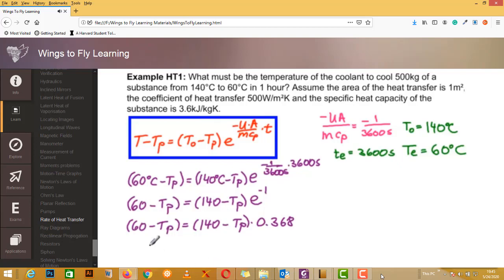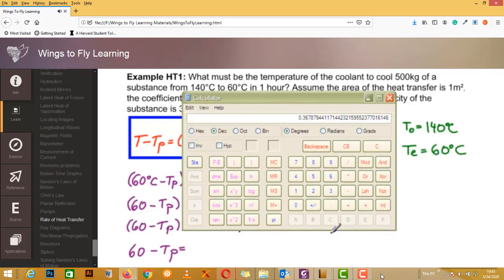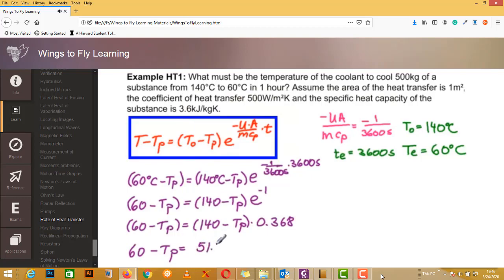So let's clean this up. So what exactly do we have? We have 60 minus Tp equals 140 times that. Let's put that in the memory store, times 140 equals 51.5 minus 0.368 Tp. So we have 60 minus 51.5 equals Tp minus 0.368 Tp.